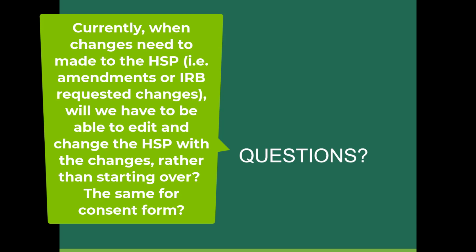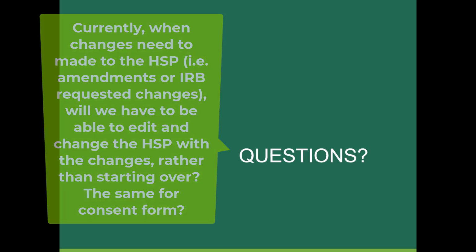As I mentioned earlier, the amendment form will be integrated with the ePortfolio. So when you request those changes in the amendment, it'll open up the ePortfolio to make those corresponding changes, and no, you will not have to start over. The consent form actually will not be in an e-form format. It will still be in a Word format that you'll upload. So you would still make those changes to the consent form the same as you would now.